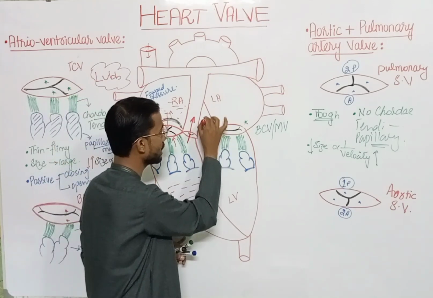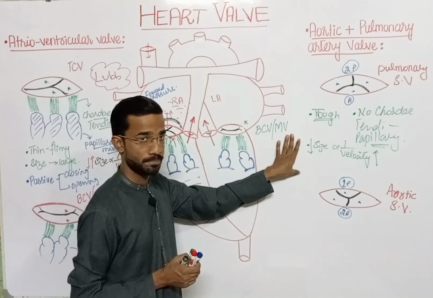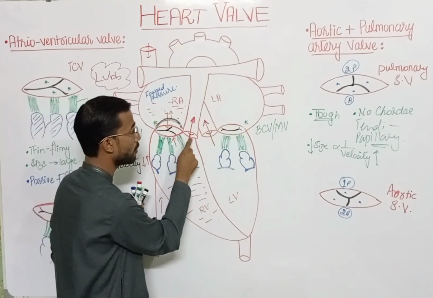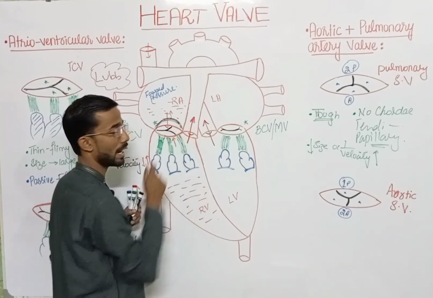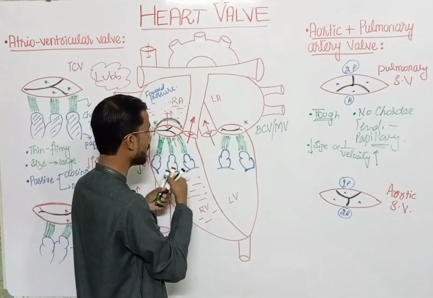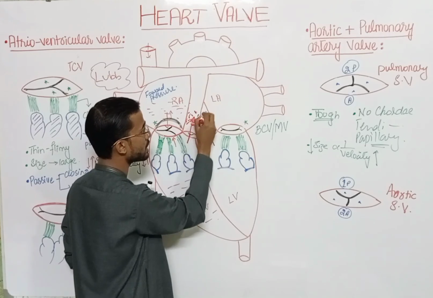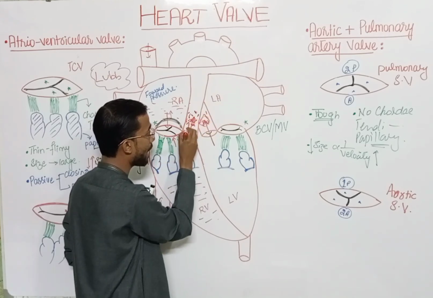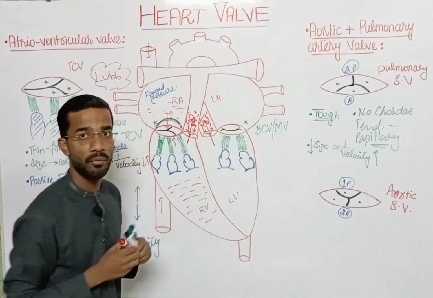And here is the aortic case. This valve opens when the ventricle contracts and blood enters. After that, when the blood enters into the pulmonary artery, or aortic artery, the backflow will close the valve.